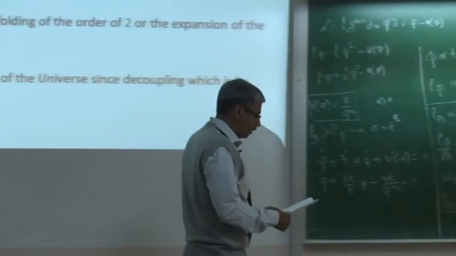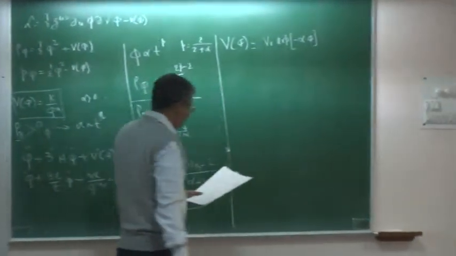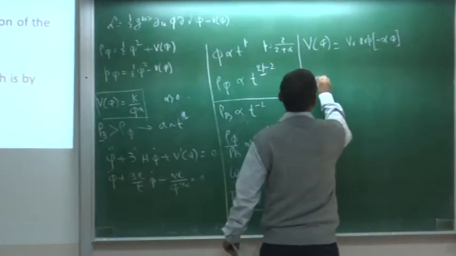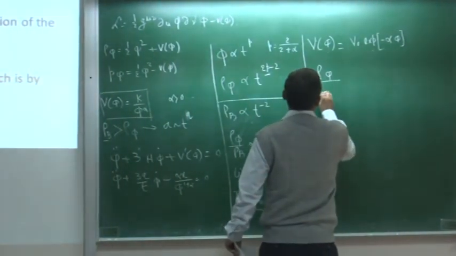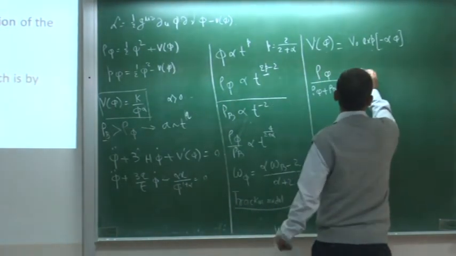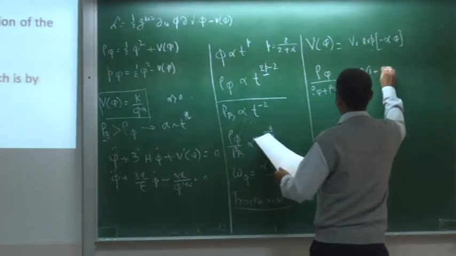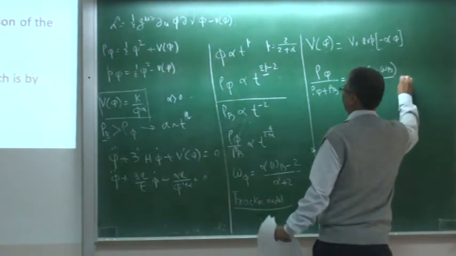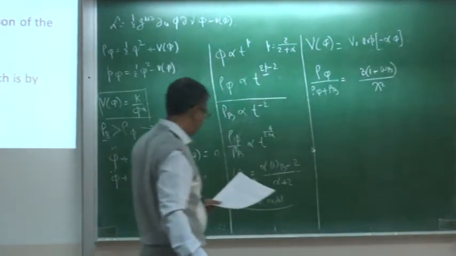And if you do the exponential potential, you can show that rho phi by rho b, which is basically the total, is basically 3 into 1 plus this thing divided by lambda. That also you can just put over here.